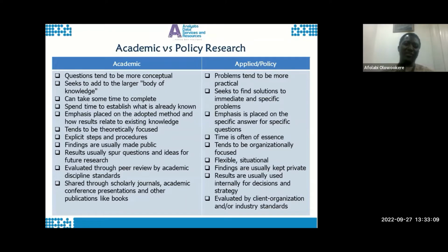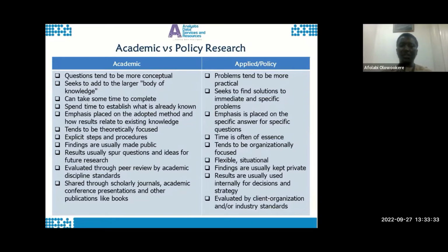Your CEO calls you and says, what is the impact of this? And you say, we have to write a proposal, we have to do a literature review, we have to develop a methodology, and he will just close his book and smile and say, you can come back next time. Academics spend time to establish what is already known. It's already known, but academics try to say, let's probe it further. Has it changed?